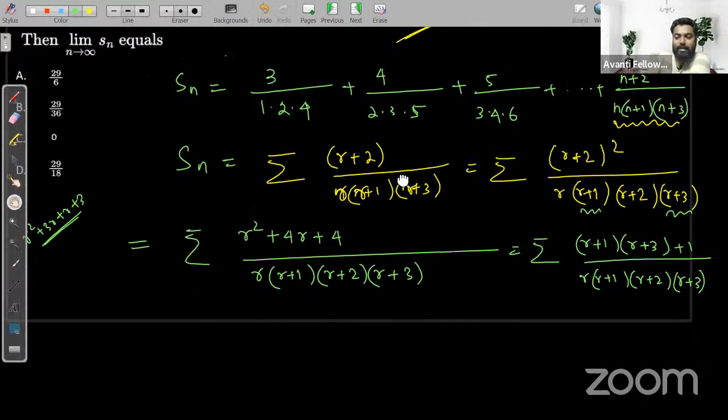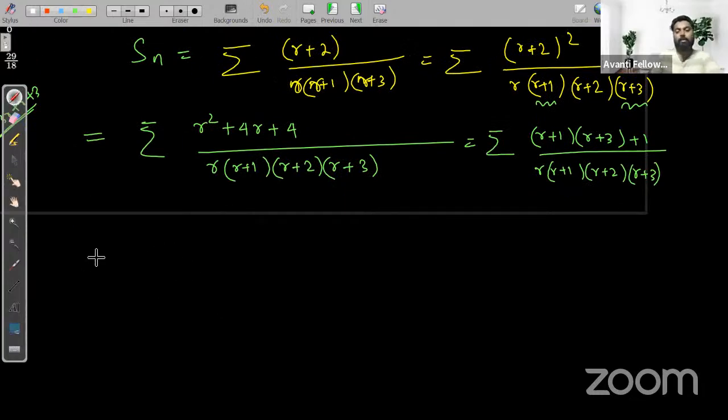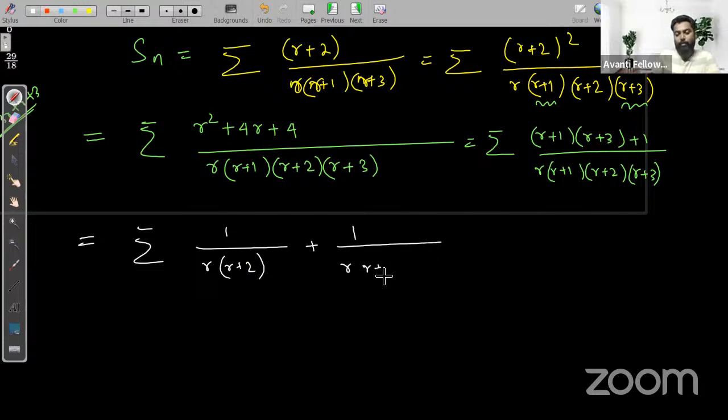Okay, let's see. If you use the VN method, what you are getting? See here, when we divide r plus 1 into r plus 3 with the denominator, what we are getting? Summation, this will be cancelled out, 1 upon r into r plus 2 plus 1 divided by r into r plus 1 into r plus 2 into r plus 3 we are getting.